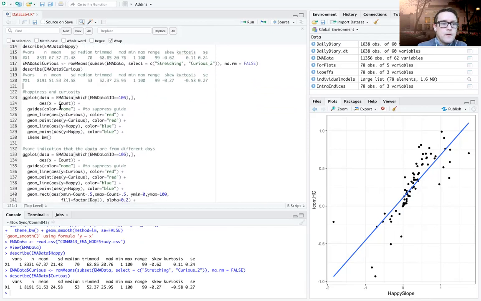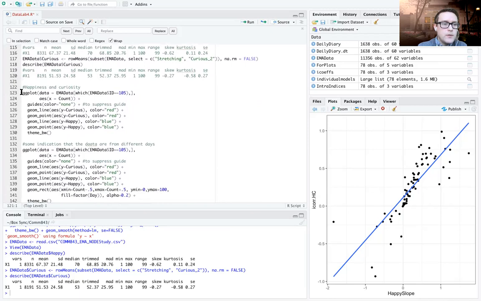All right. And now we're going to create plots, just like we did for the daily diary data set for participant 105, looking at their curiosity from moment to moment. And now we're not talking about day to day. We're talking more about from every 2 to 3 hours.